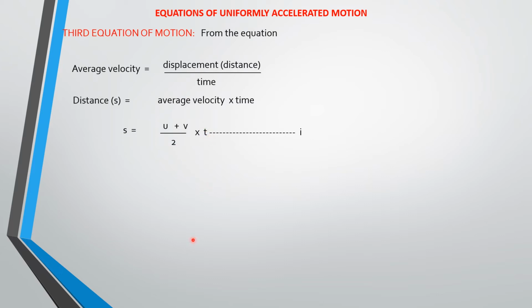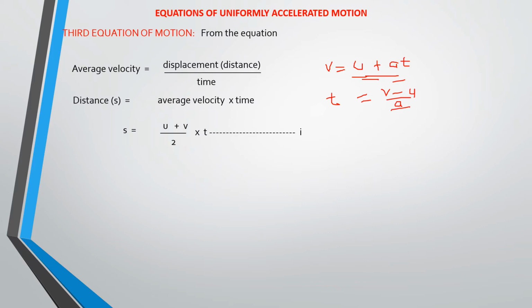Now from the first equation of motion, we had that v is equal to u plus at. If we make t the subject of this formula, we're going to have that t is equal to v minus u all over a.